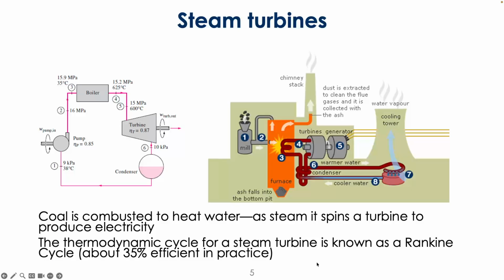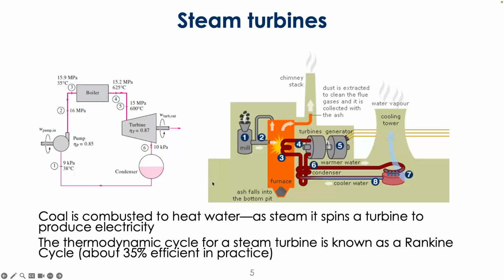The most useful diagram is on the right. You've got this schematic of a coal plant where coal gets pushed into a furnace and combusted, and then you have this loop of hot water that gets turned into steam. The steam spins a turbine, which powers a generator to produce electricity.